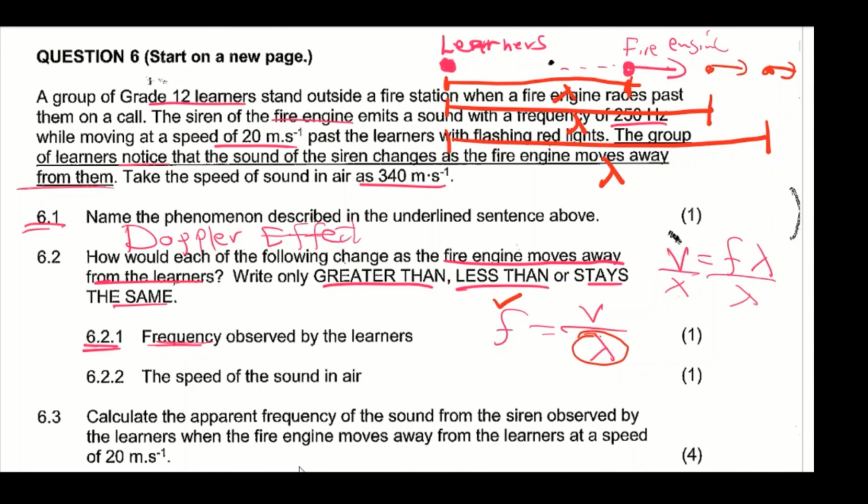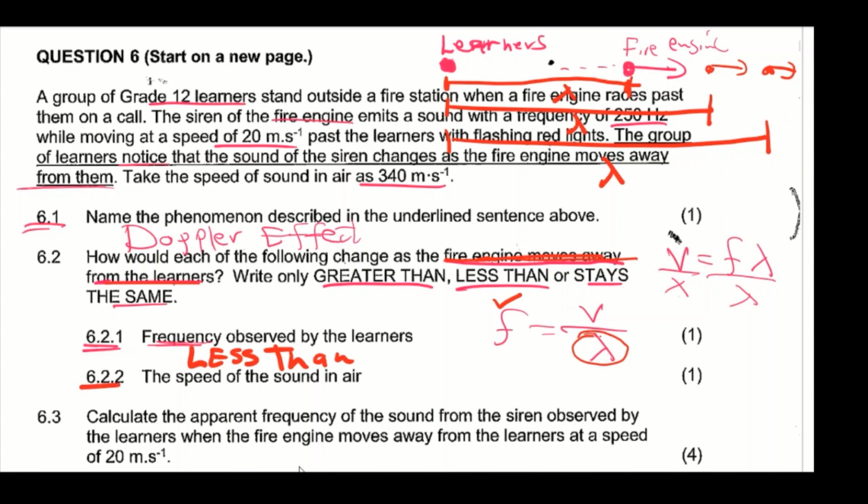So basically it means there's a decrease in frequency, so you can simply write less than, right? Here less than, because it says how would each of the following change as the fire engine moves away from the learners. So the frequency will decrease as the fire engine moves away from the learners.